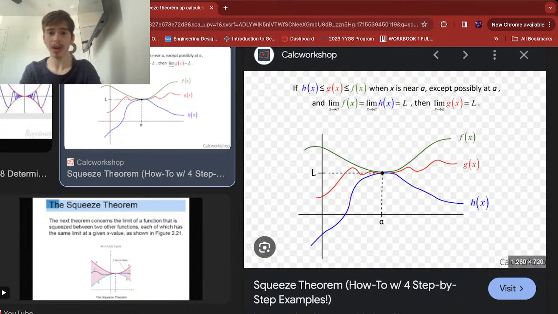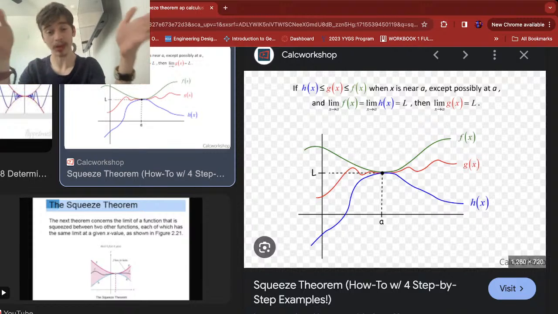You don't really need to know it, but another name for it is the sandwich theorem.